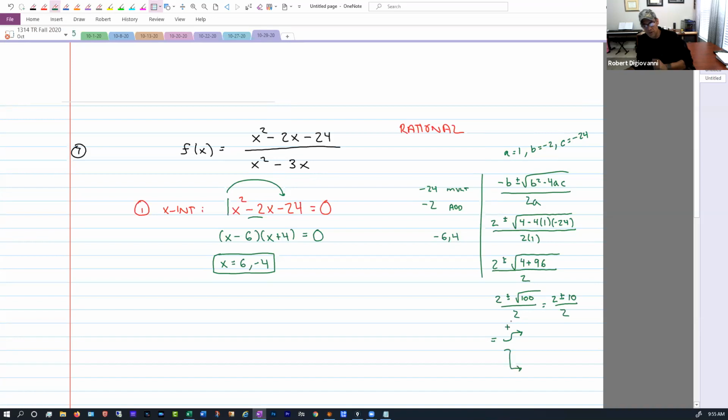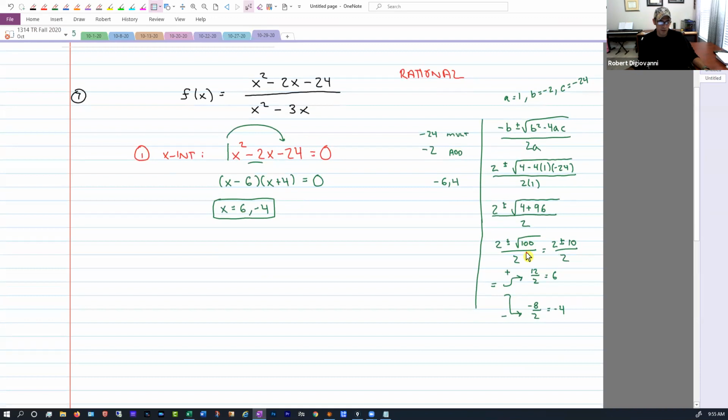If you do the plus, that'll be 2 plus 10, which is 12, over 2, which is 6. And if you do the minus, it'll be 2 minus 10, which is -8 over 2, which is -4. And those are the same 2 answers we had if we factored it. So I think you would agree with me that the quadratic formula, although it's nice, is longer and time might become an issue for you on the test.